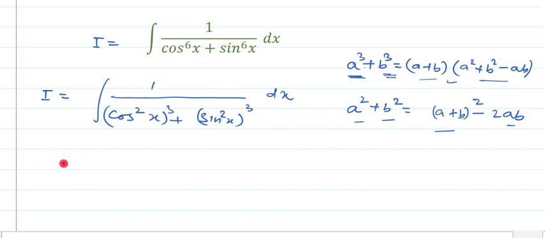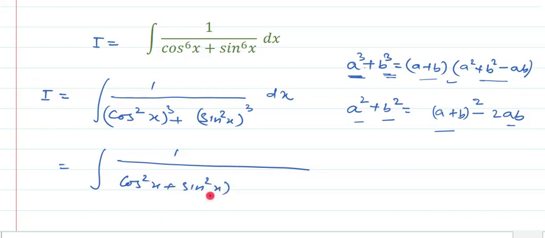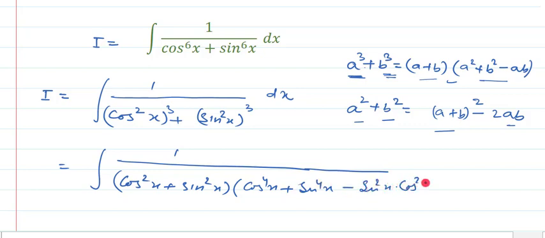Let me apply this identity. So it is 1 upon, 1 is a plus b, that is cos square x plus sin square x, into a square, that is cos power 4x plus sin power 4x minus sin square x into cos square x dx.